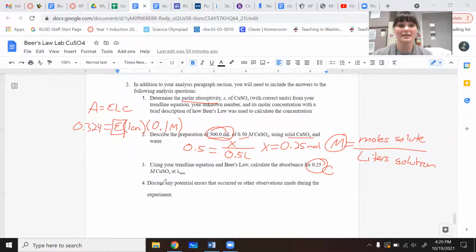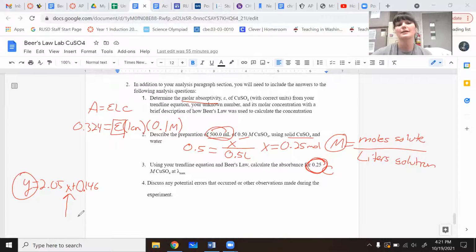So if I were to plug that into my trend line equation, which was this over here, the y equals 2.05x plus 0.146, that concentration C, 0.25, is going to get plugged in for X, and you're solving for Y in this case.